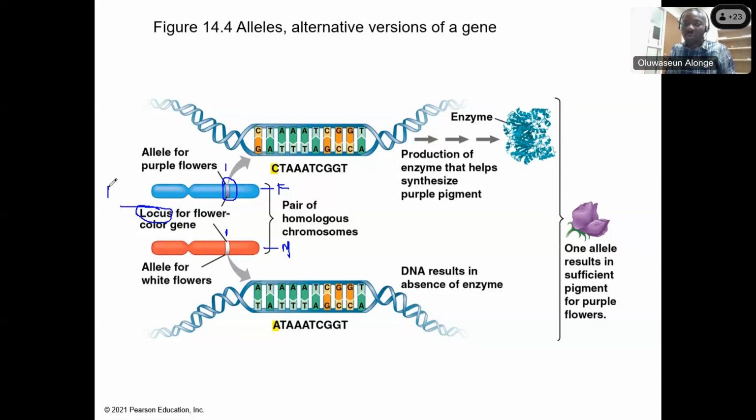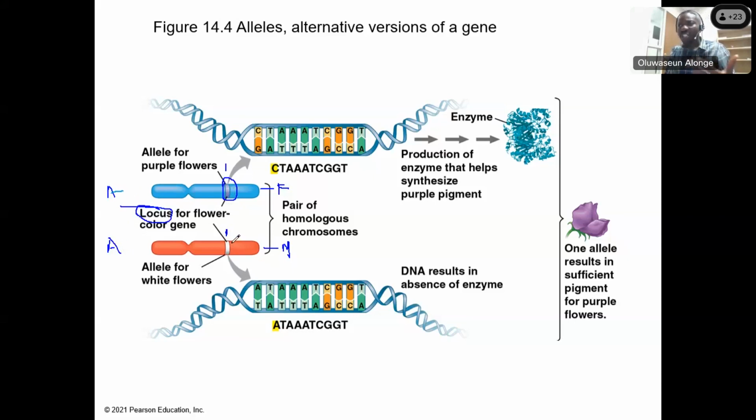So let's say this chromosome is called A. This also is A. The only thing is that this A is from father, this A is from mother. So the location of their genes will always be the same, but the gene can now be different versions, but they are the same gene. So this gene is coding for color. This can code for purple color. This can code for white color.